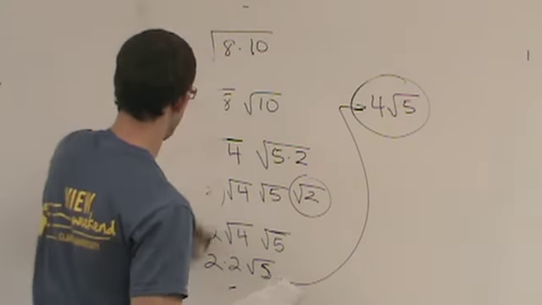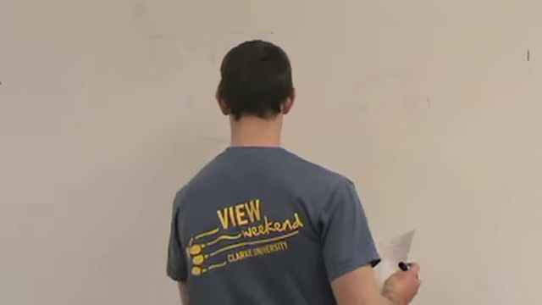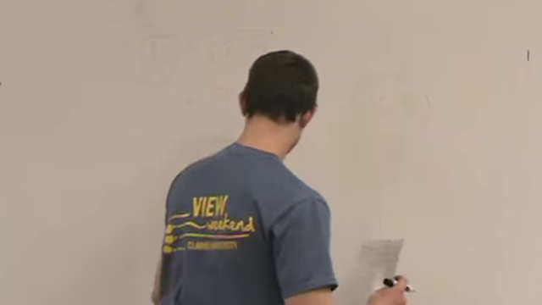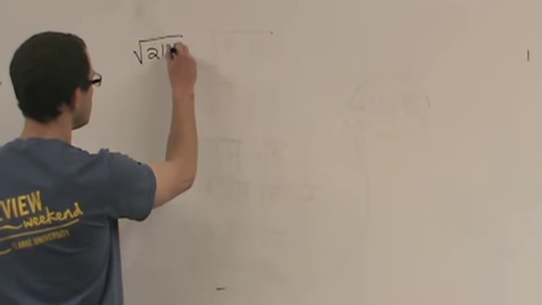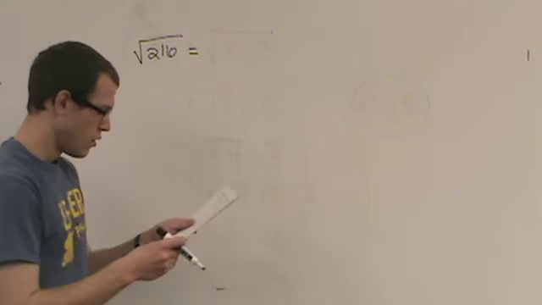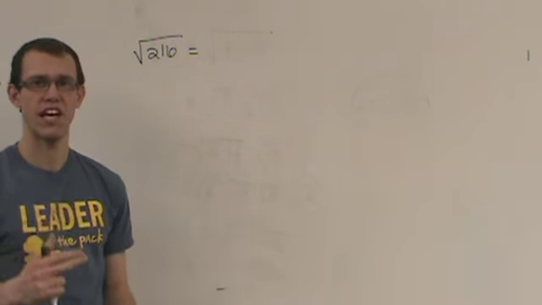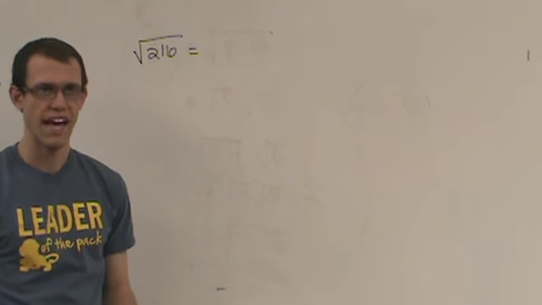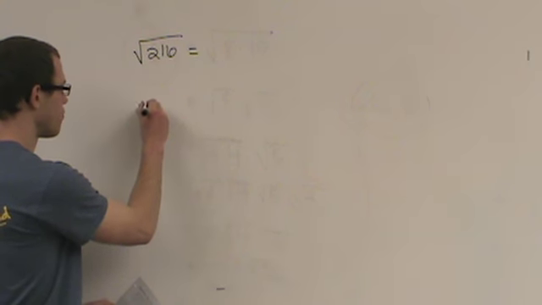Square root of 216. Alright, the square root of 216. So what I do with these problems that have big numbers is I look at my perfect square list. And I start with my largest perfect square, which was 144.